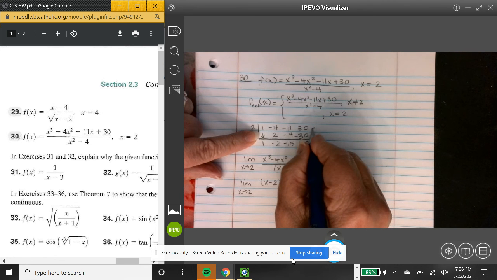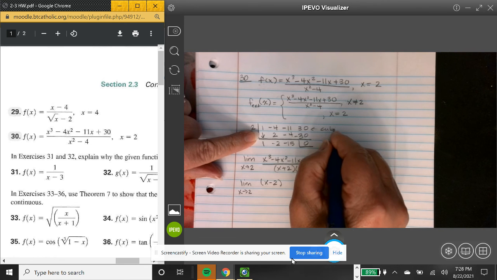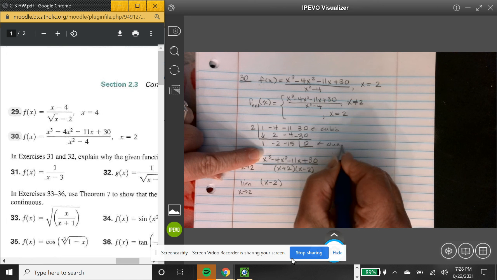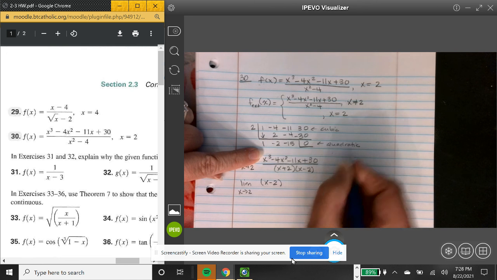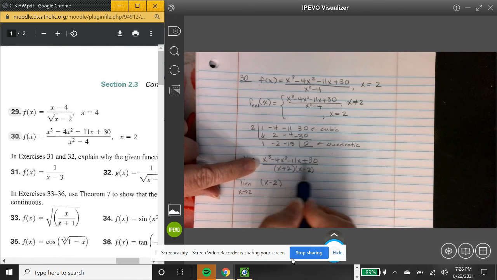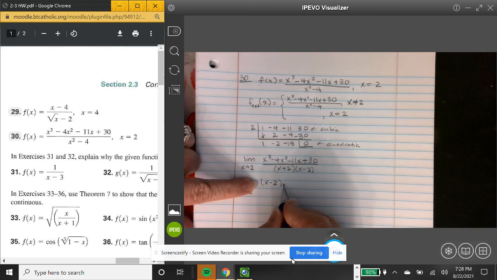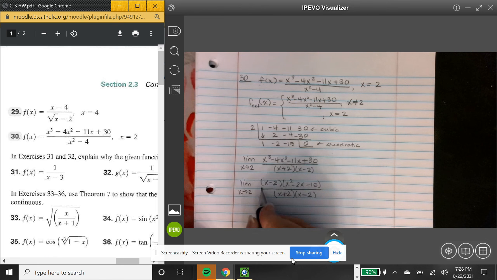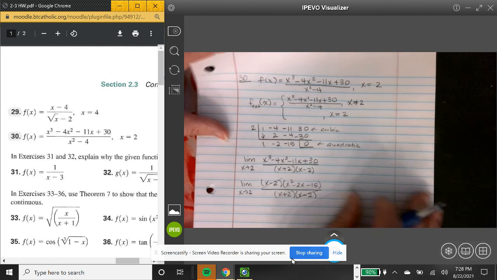And since this is a cubic, my result here is a quadratic. So this factors into x minus 2 times x squared minus 2x minus 15, all over x plus 2 and x minus 2. And I'm going to cancel these, which is nice.